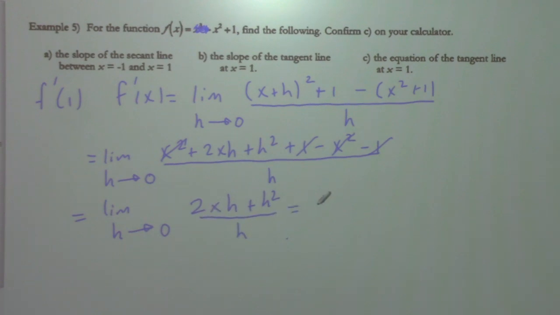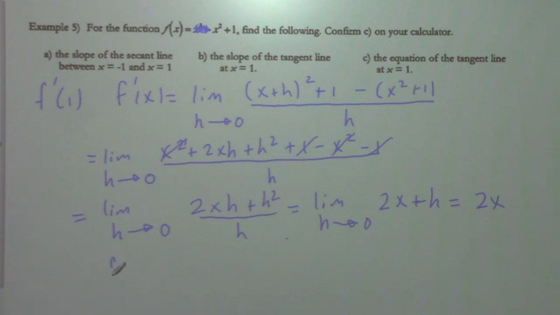Now equals the limit as h approaches 0 of, we cancel out, what do we have left here? 2x plus h. And then we substitute in 0, we get 2x, right?